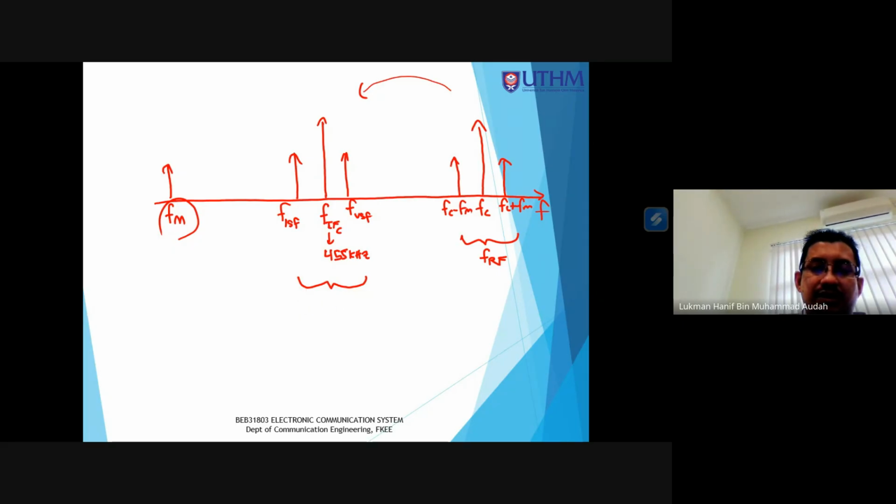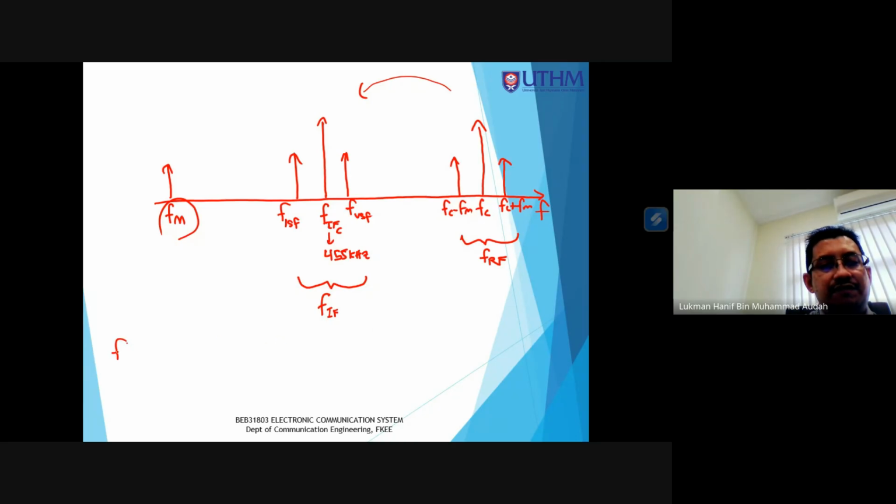All of these are categorized as F intermediate frequencies. So how do I calculate the intermediate frequencies? For example, if I use the high side injection, F LO is larger than F RF.